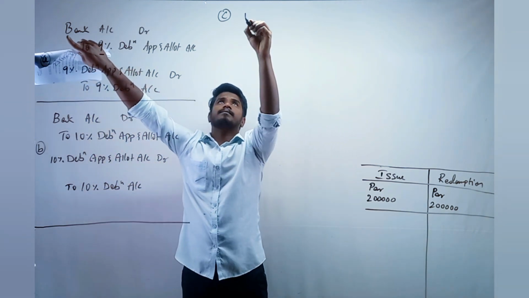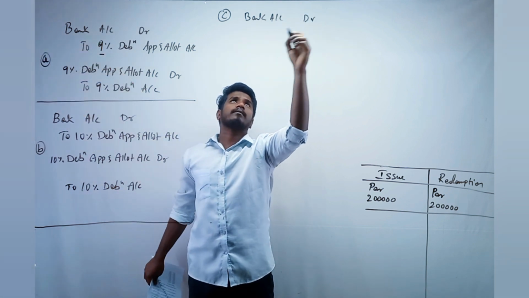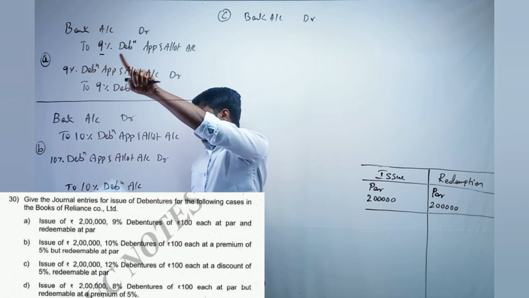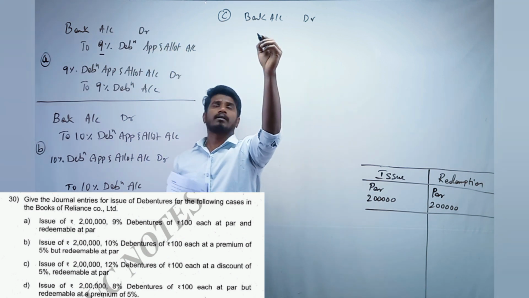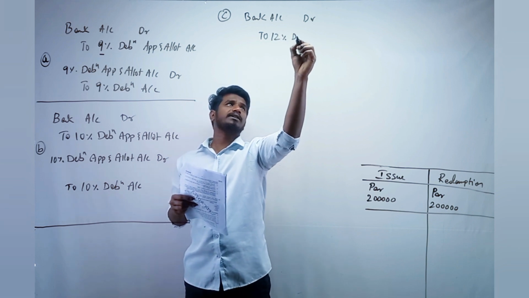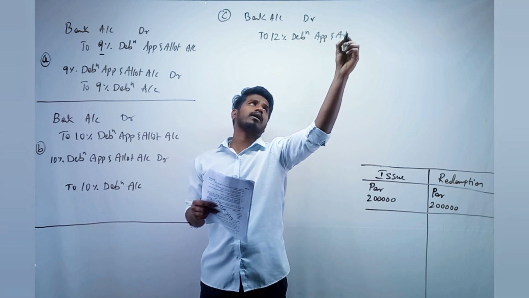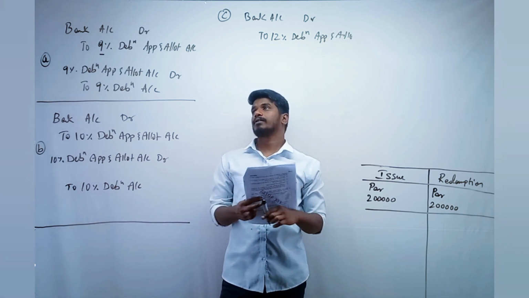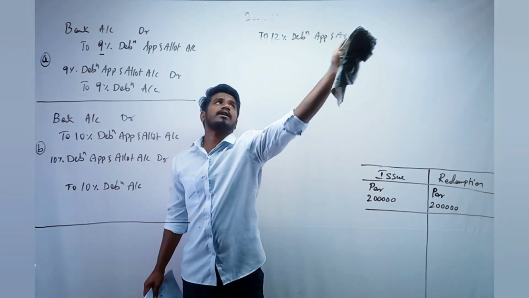Bank account debit to how much percentage? C1, 12%, to 12% debenture application and allotment account. So we need space for amounts, right? Sorry, we need some space for amounts.